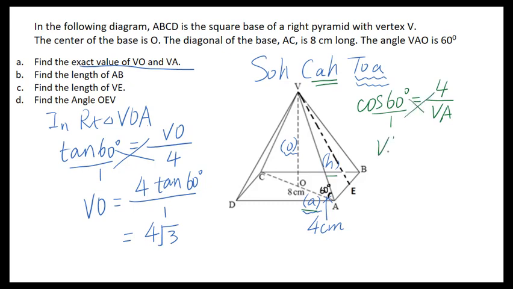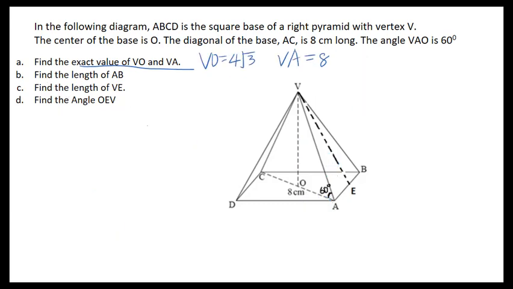You have VA equals the same line with the variable goes to the denominator. So 4 over cosine 60 degrees. Cosine 60 is 1 over 2. This is a complex fraction, so the denominator will jump. You will get 4 times 2 is 8 centimeters.